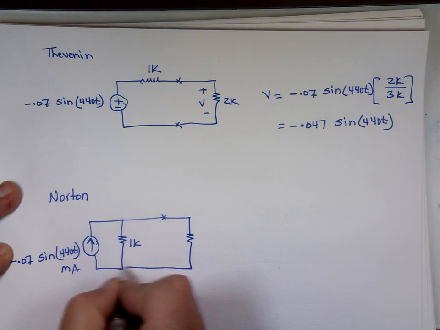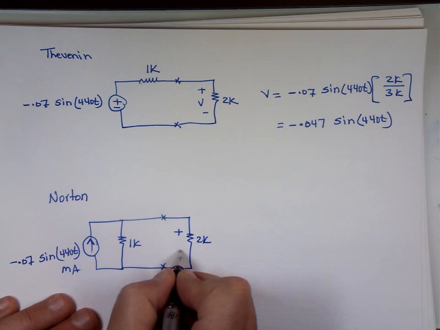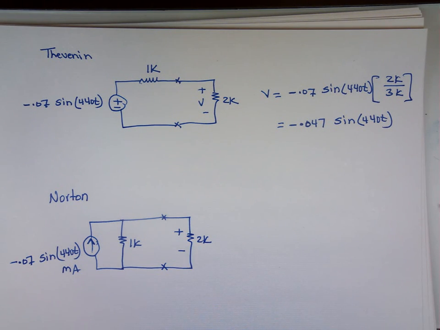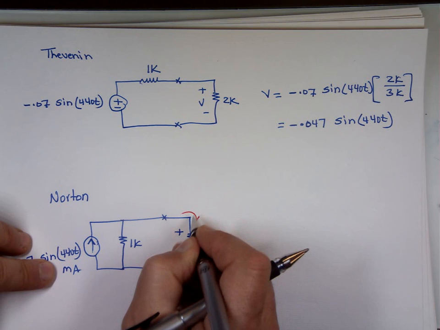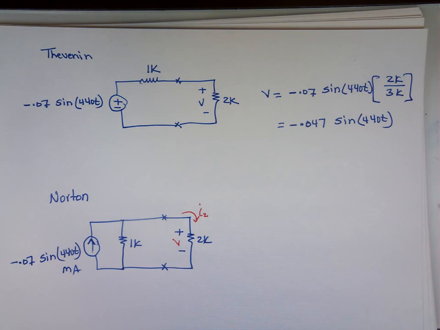And 2K. You want to find that voltage. Well, we can find the current through that. We'll call it I sub 2 first. Should be the same answer. I sub 2 is going to be current division.